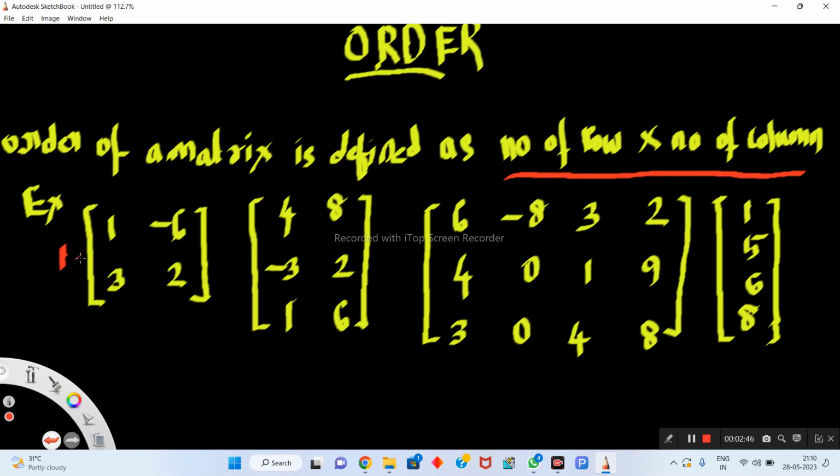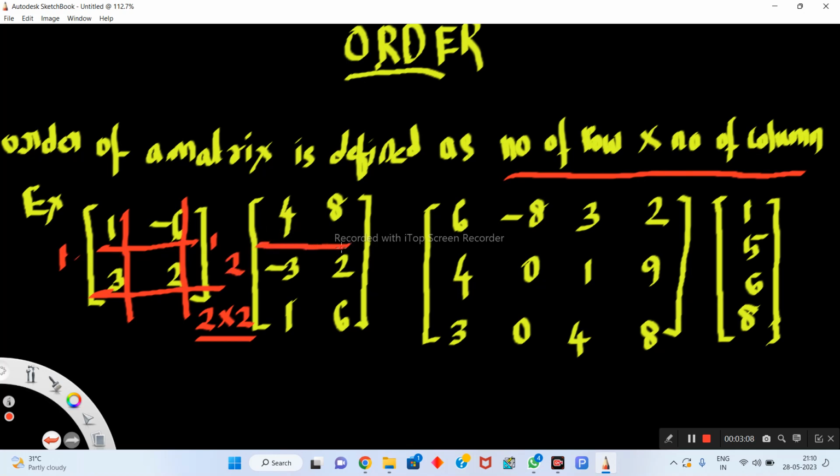Example problem number 1. See, in this matrix, this is first row and this is second row, this is first column and this is second column. We are having 2 rows and we are having 2 columns. So order of this matrix is 2 by 2. And let us consider this second matrix.